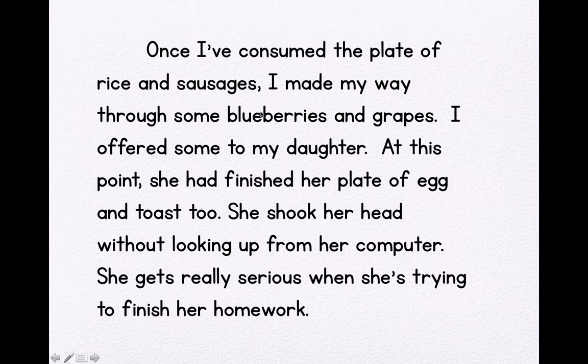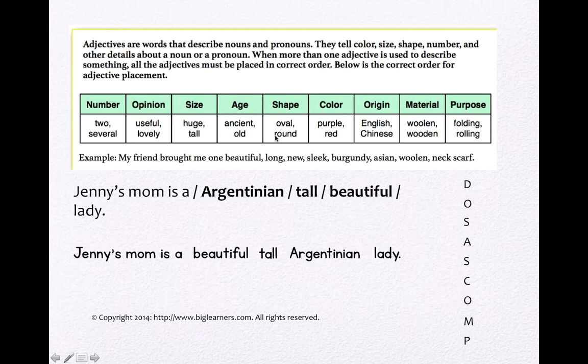So right away, I noticed that I can add some adjectives describing the rice and the sausages, right? So if I go to a reference sheet, DOSA SCUMP, I want to talk about maybe how warm the rice was. So that's an opinion. The warm, and I was eating not white rice, I was actually eating brown rice, so the color of it.